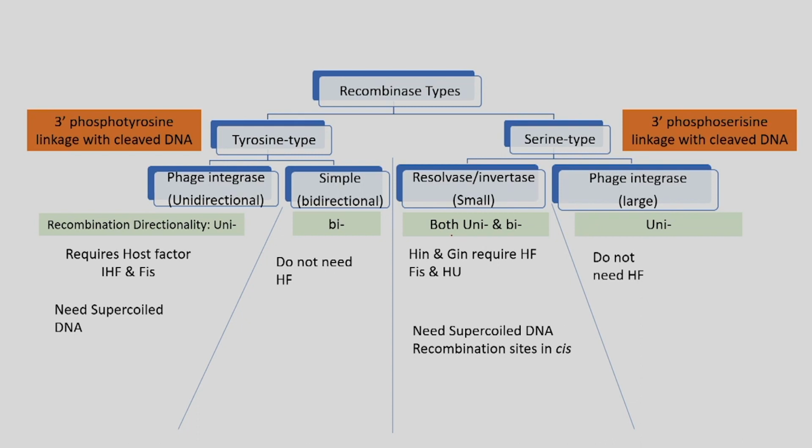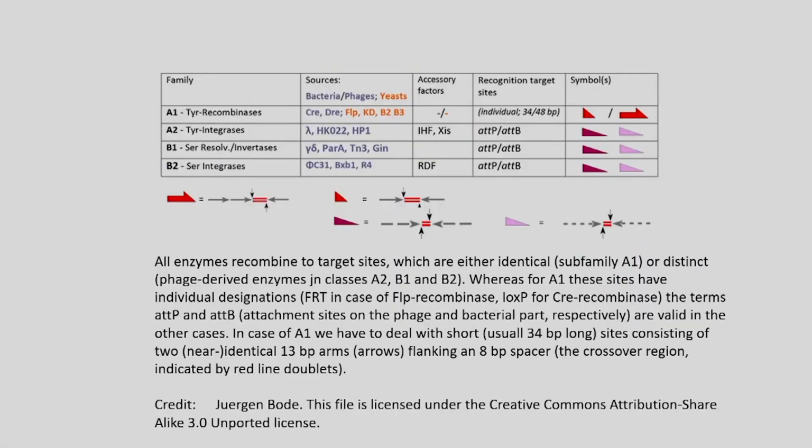They may be both uni and bidirectional, and the requirements of HF may vary. Hin and Gin require the IHF, FIS and HU. They also need supercoiled DNA and recombination sites in cis, whereas the large serine type phage integrases do not need any host factors.